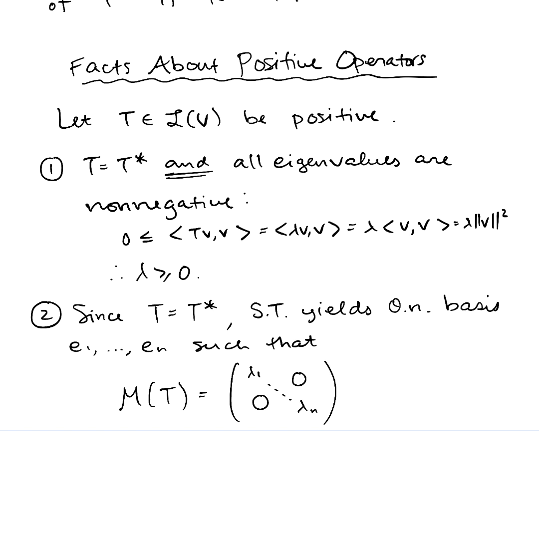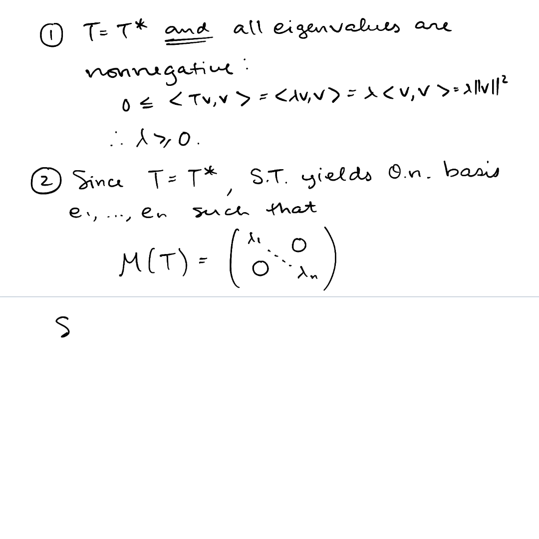Okay, but hang on. The fact we just proved, fact 1, says that all those lambdas are bigger than or equal to 0. So all those entries down the diagonal are bigger than or equal to 0. So R, given with respect to E1 through En by M of R equals, okay, hang on, all those diagonal entries right here, every one of these guys, bigger than or equal to 0, which means we can square root them.